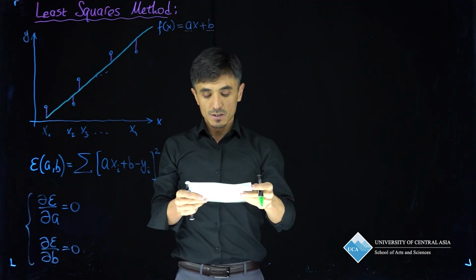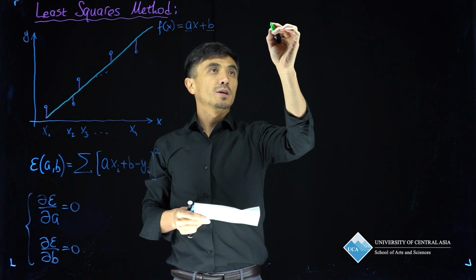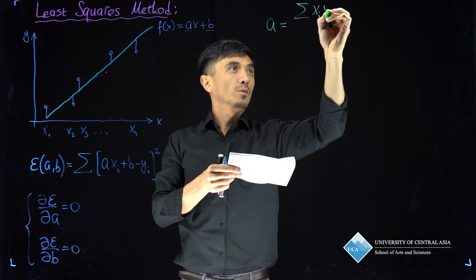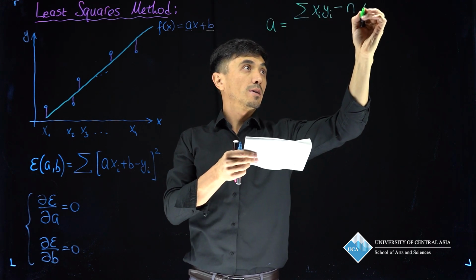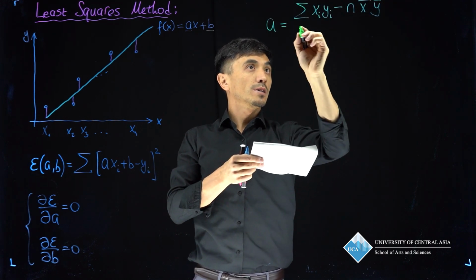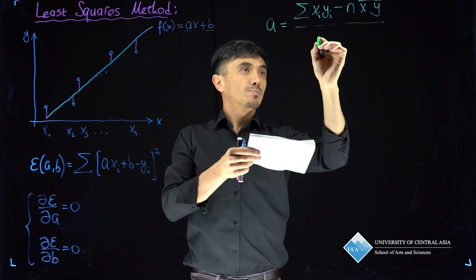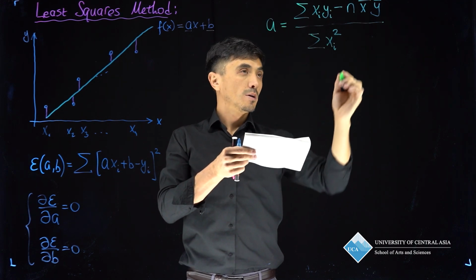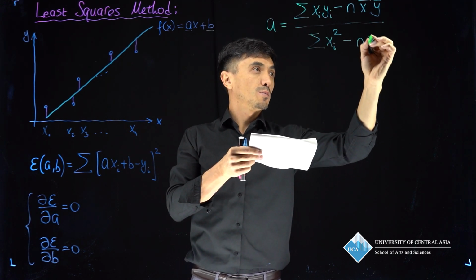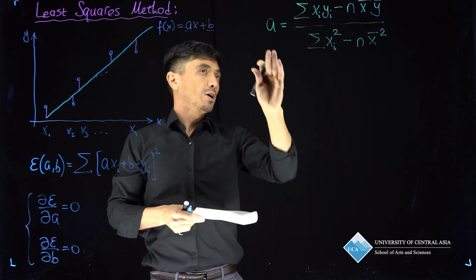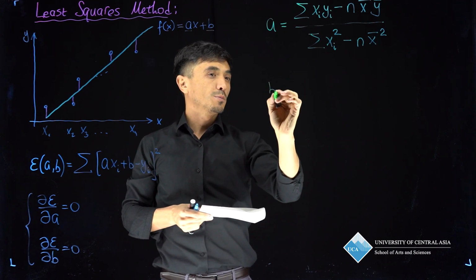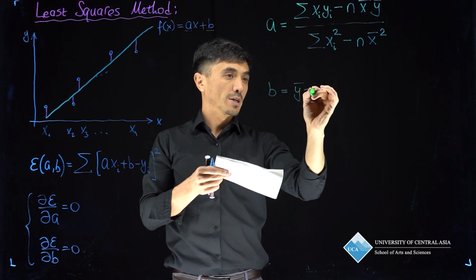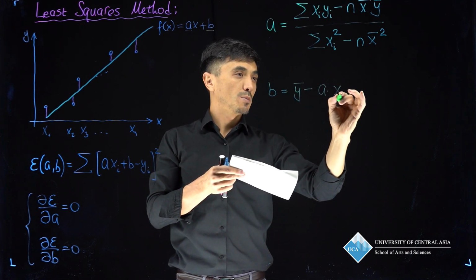If we solve this system of equations, we're going to obtain a to be sigma xi yi minus n x bar y bar divided by sigma xi square minus n x bar square. And once we find a, b can be obtained as y bar minus a times x bar.